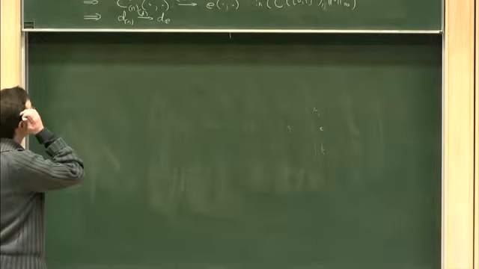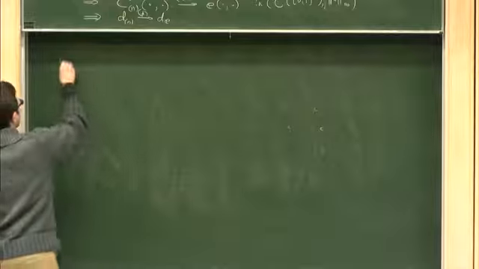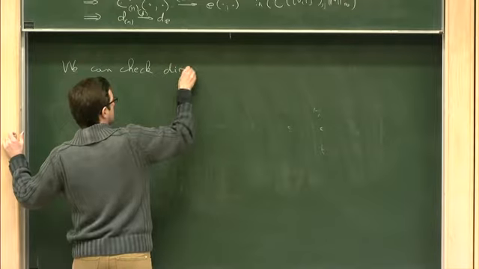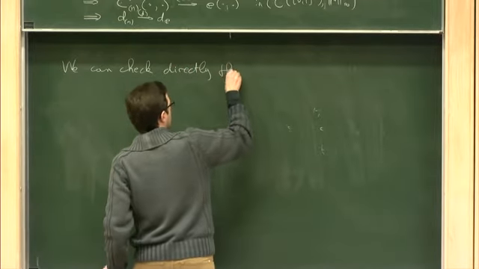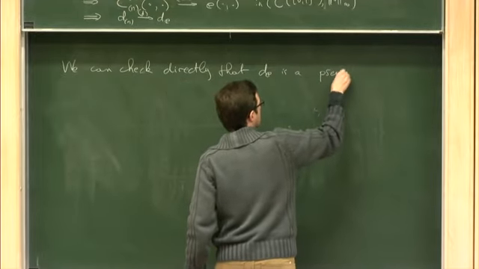And we could of course check directly that dE is a pseudo distance, a pseudometric.